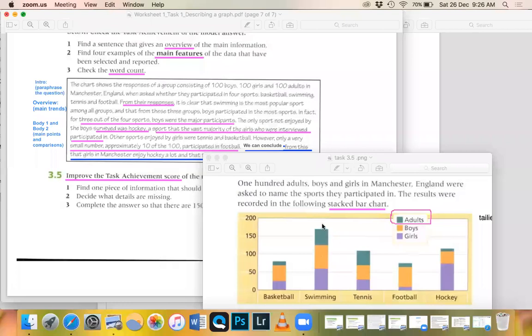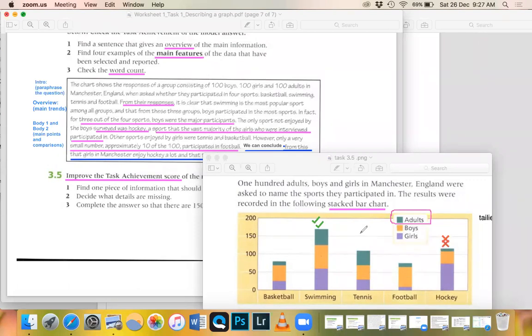Right, swimming is the most popular, right? So that's something we can say about the adults. Which is the least popular sport? Right, the least popular one is hockey. So that could be something we could say about the adults.